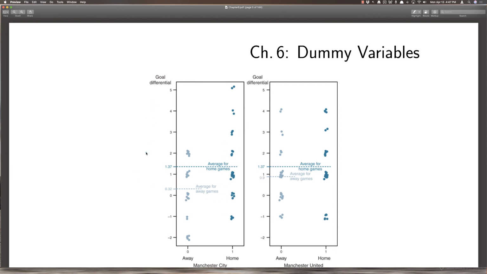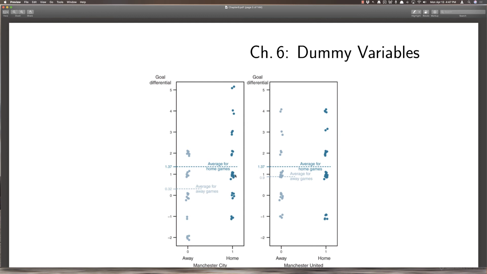Goal differential is just the number of goals you score minus the number of goals that were scored against you for a particular game. So we see all the different games here. Each dot is a game. If the game was away, it gets a 0. If the game was home, it gets a 1. And then on the vertical axis, you get the goal differential.